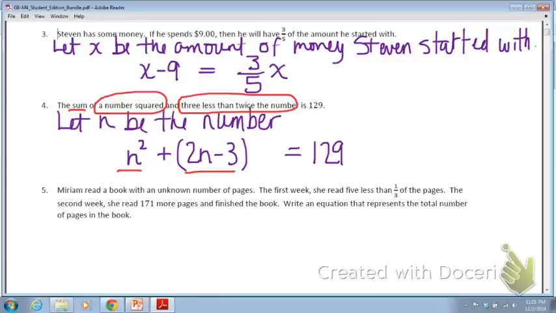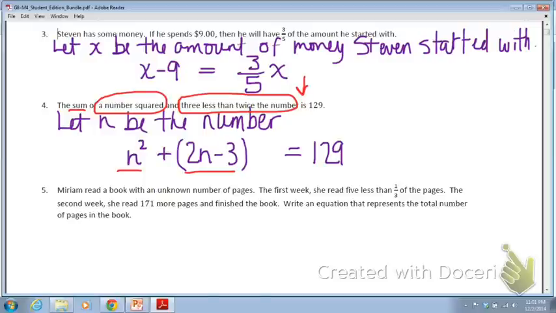I'm adding those 2 things together, and the statement says the sum of a number squared and 3 less than twice the number is, there's my equals, is 129. Now if you rearranged any of that, but it's equivalent to this, then that's fine.